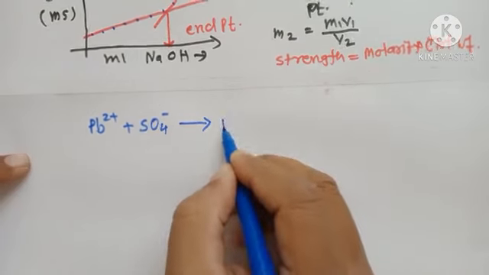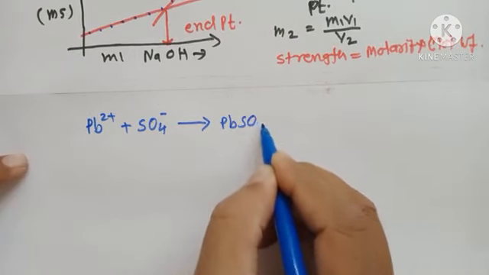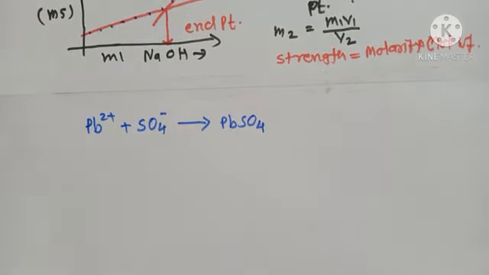You will get a precipitate of PbSO4. Thus lead can be analyzed by gravimetry as lead sulfate. But the gravimetric procedure is very lengthy, time consuming and also energy consuming. It requires heating.